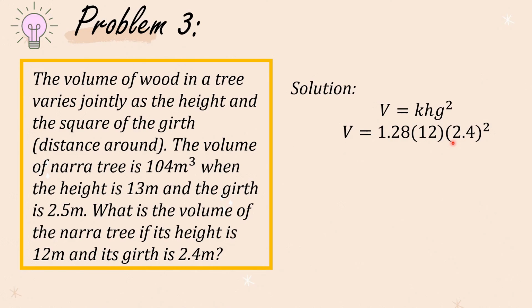The next thing that we need to do is we have to square 2.4. 2.4 times 2.4, what is the answer? Very good. The answer is 5.76. Now, to find the final answer, we just have to multiply the three numbers. 1.28 times 12 times 5.76. What is the product? Very good.